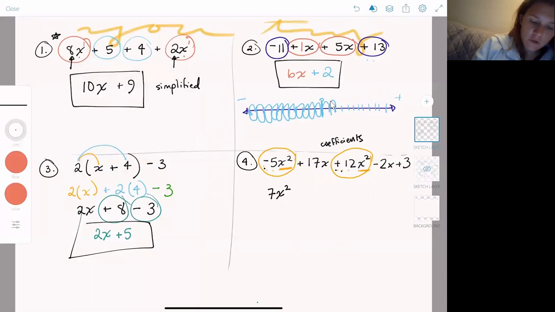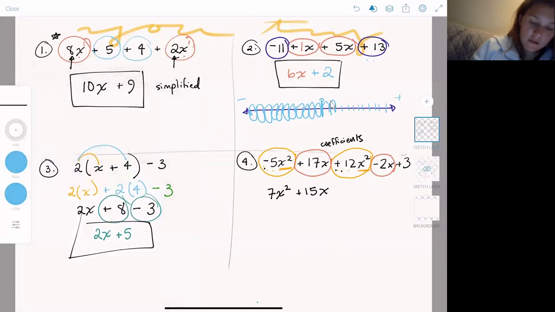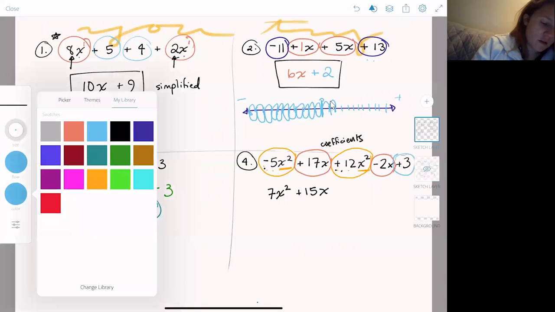Now, we've got positive 17x and negative 2x. Positive 17 minus 2 equals 15. We leave the x. Then lastly, there's nothing to add or subtract for the 3. It's the only one.